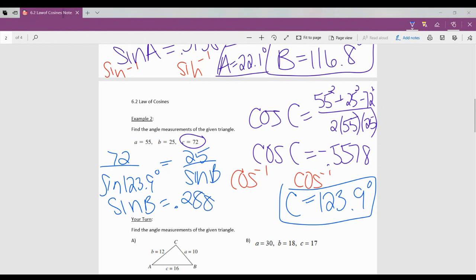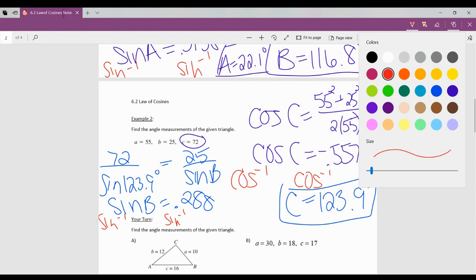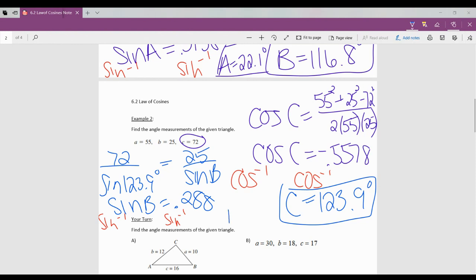And now we're going to do sine inverse to get rid of sine. So we do second sine, second answer. And we're rounding to 1 decimal place, reminder. So it's going to be B equals 16.8 degrees. Because it was 16.75. So if we round to 1 decimal place, 16.8.